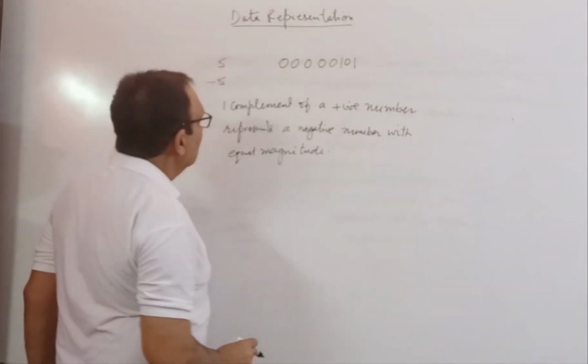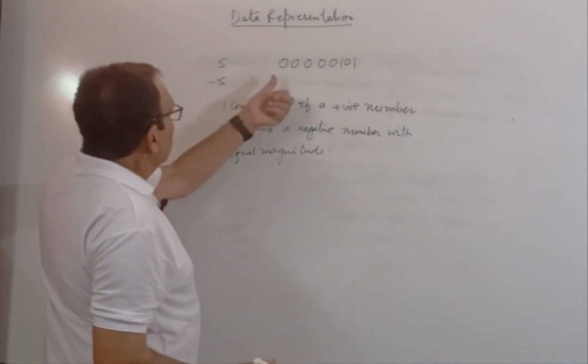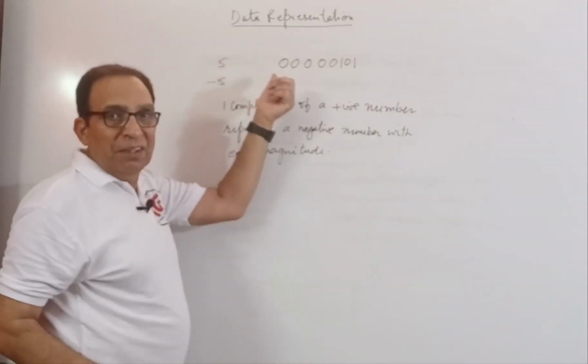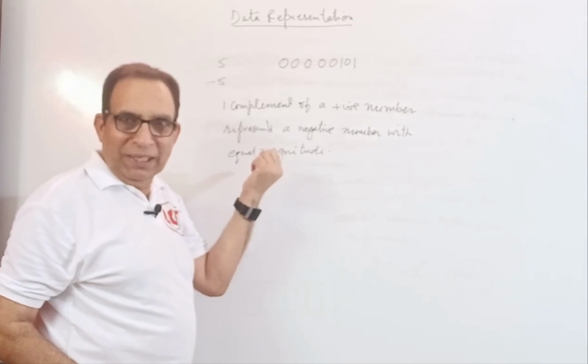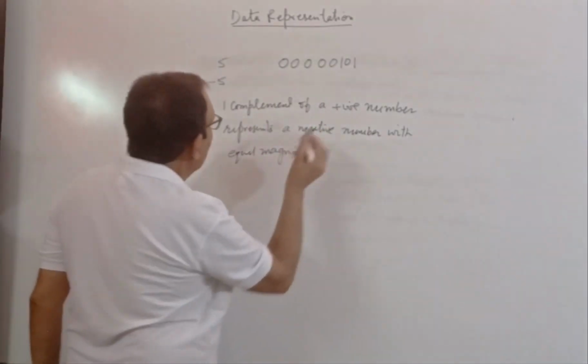It means the magnitude of this one is 5 and the magnitude of -5 is also 5. Plus and minus are the signs only.